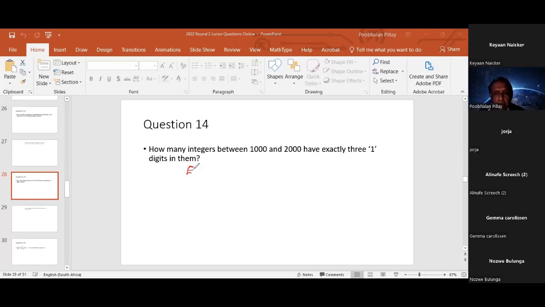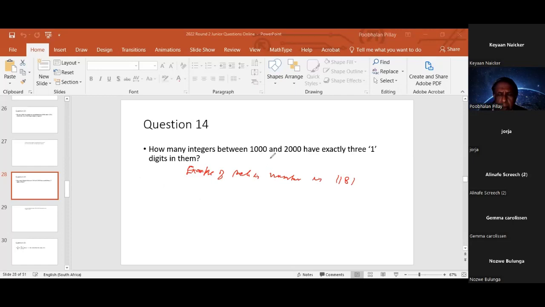So an example of such a number is 1181. It's between 1000 and 2000, and it's got exactly 3 ones in it. All right, so you need to find how many of them have got exactly 3 ones.